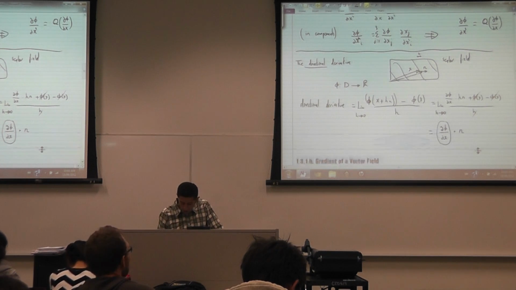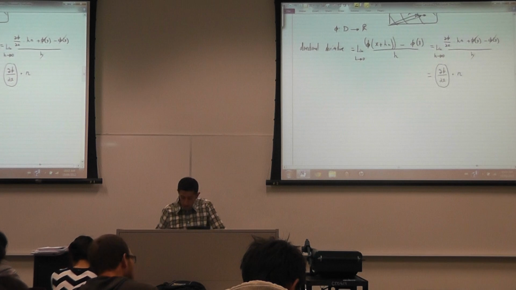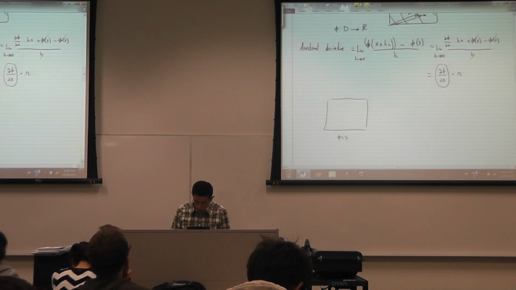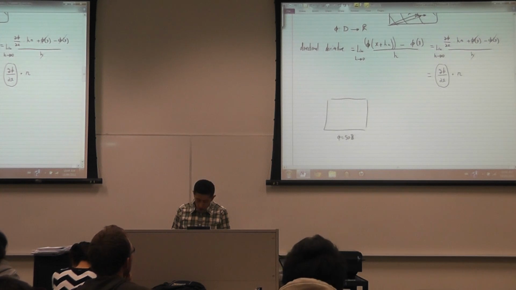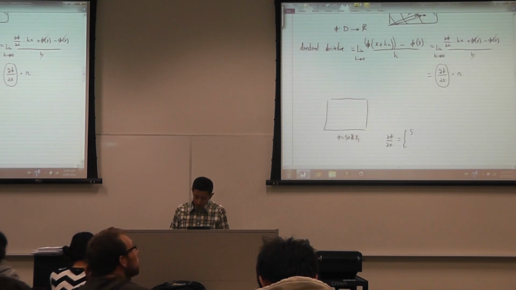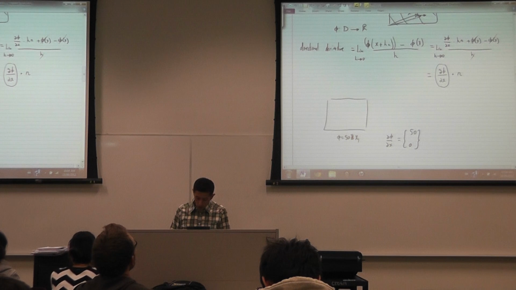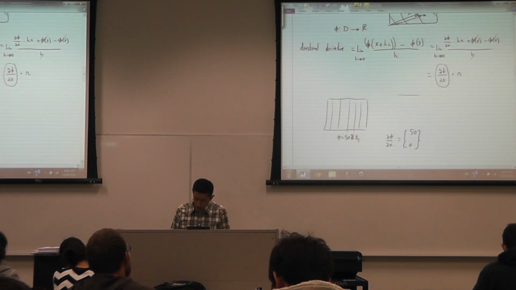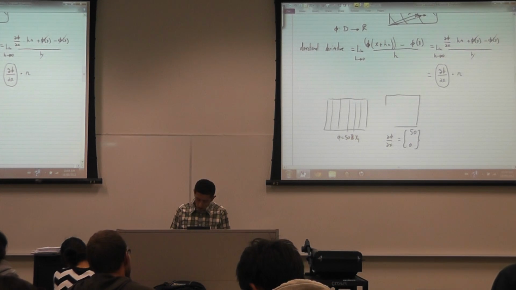So for example, the temperature is a function of x1, the gradient of phi is 50 and 0, which means the contour plot will look like this. The plot of the gradient vectors will look like this.